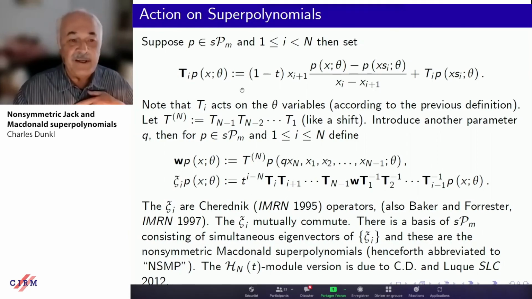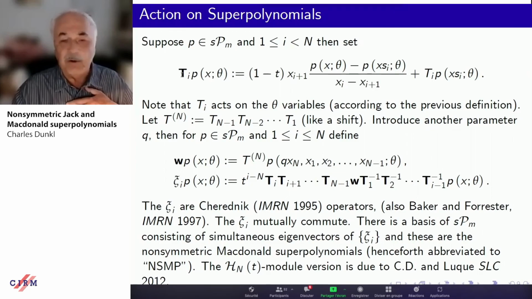Let me emphasize that I'm using a bold-faced t for the superpolynomials in x and theta, and the regular t for just theta. So notice that these are bold-faced t's. This is a Cherednik operator from his 1995 paper, and also Baker and Forrester discussed these in their 1997 paper.